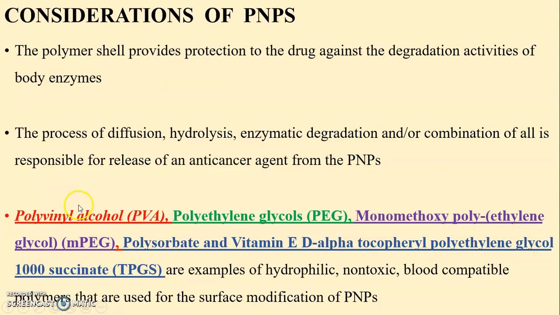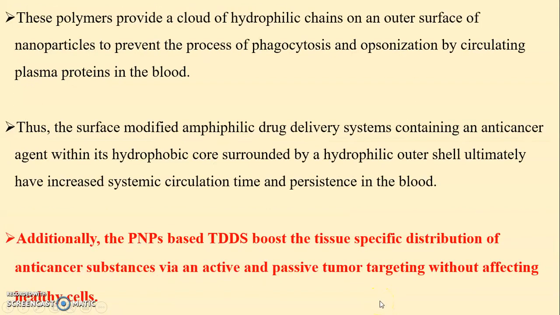Now, as I have already told you earlier some of the names of the polymers used for preparation, these are some other polymers that are widely used, like polyvinyl alcohol, polyethylene glycol, monomethoxy polyethylene glycol (MPEG), polysorbate and vitamin E. These are examples of hydrophilic, non-toxic, biocompatible polymers that are used for surface modification of these PNPs.